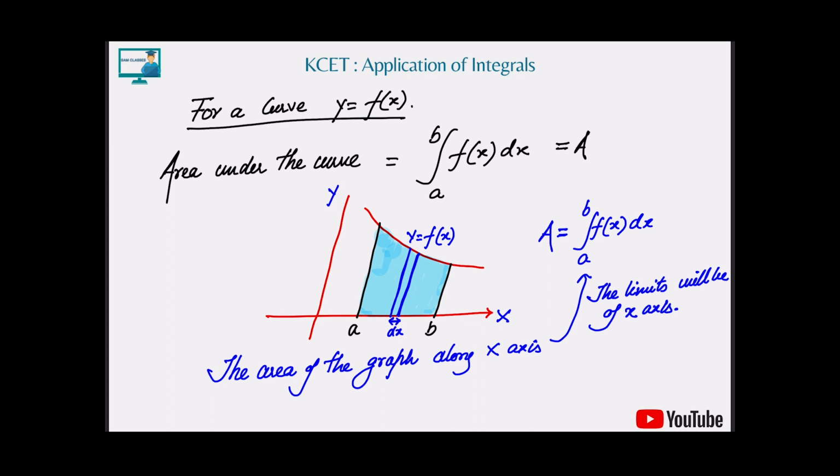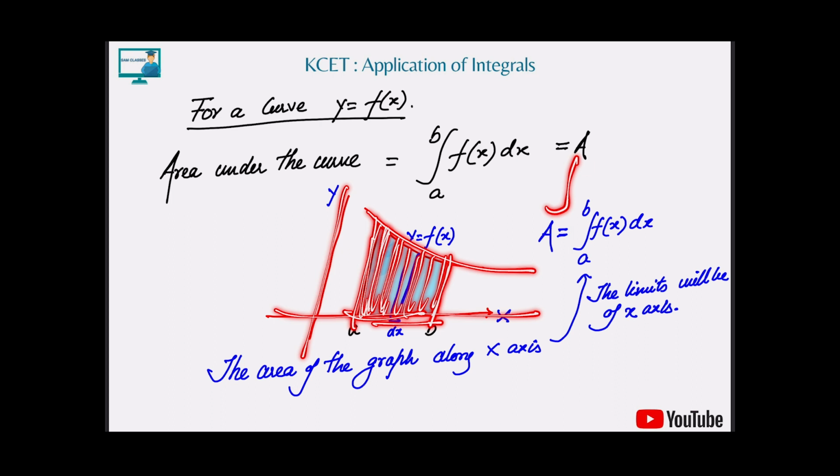So when we are talking about this area, let's say we have this graph, and I'm saying that I want to find the area under the graph with the x-axis. Basically when I say integration of y = f(x) dx, the moment I use this dx, it means I'm using the x-axis, and the limits I'll be substituting are for the x-axis.